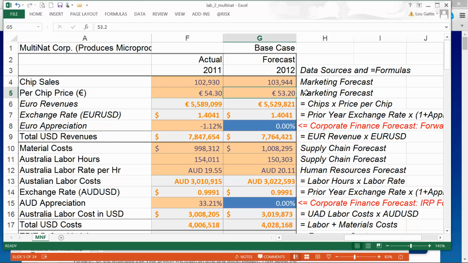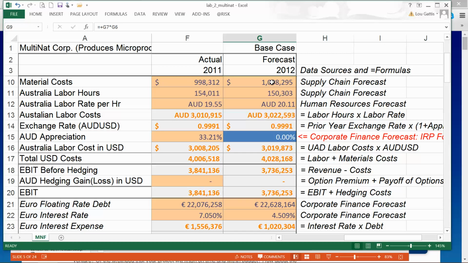You expect the average price from marketing to be 53.2 euros per chip, which generates 5.5 million euros in revenue. The spot price of the euro is $1.40. You don't have a forecast of the exchange rate for next year, so we'll leave it at 1.40. So exchanging 5.5 million euros at $1.40 next year will give us $7.7 million.